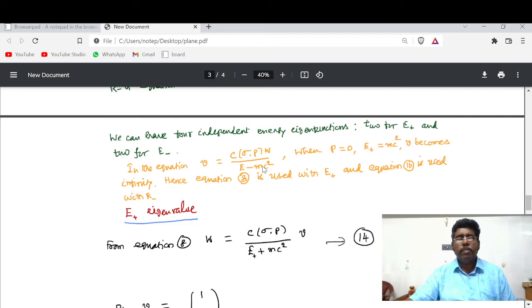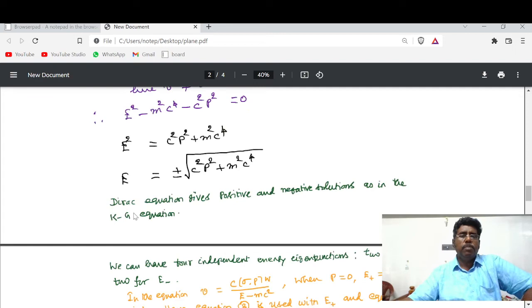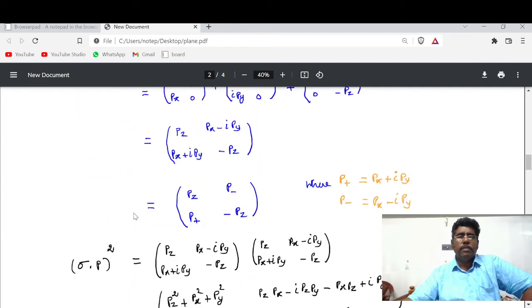If you want to use the term (E plus mc²)W, instead of E, we have to use the positive energy E plus. Now we have to find the energy eigenfunctions corresponding to the E plus eigenvalue. For that, equation 8 is considered. From equation 8, see the equation 8.